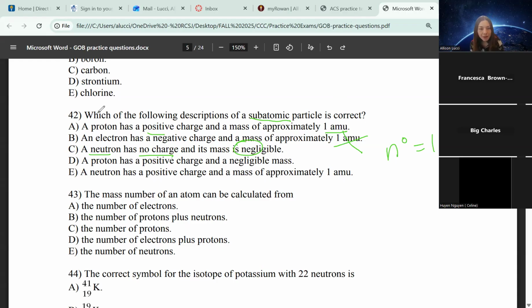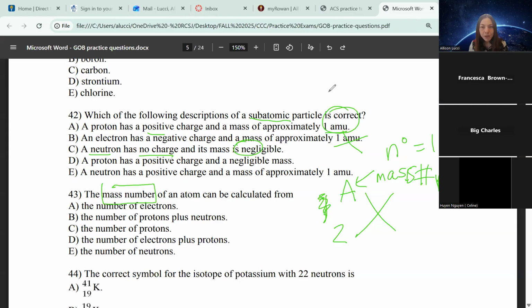We should also know how to calculate mass number. If we have our elemental symbol, the mass number is the top number, our A number, and down below we have our Z number. The mass number is protons and neutrons, the heavier particles, the ones that weigh about 1 AMU each.